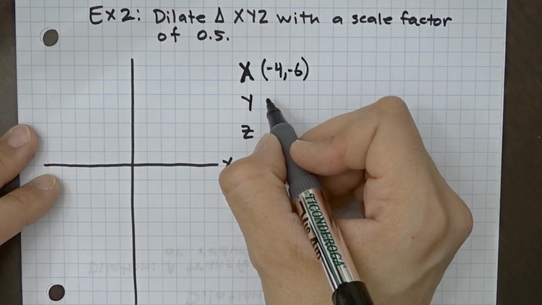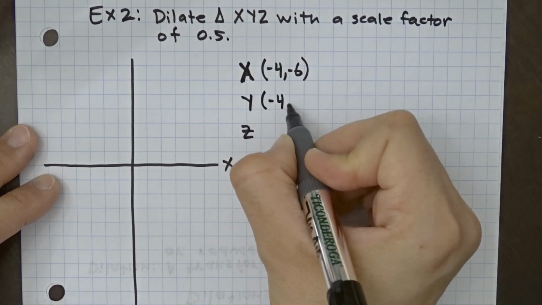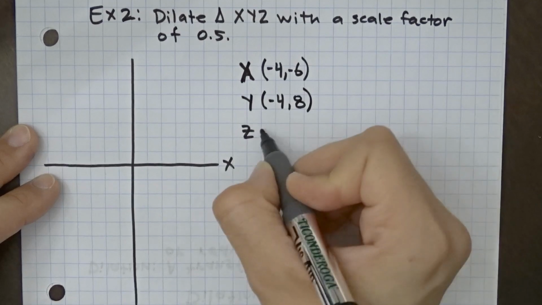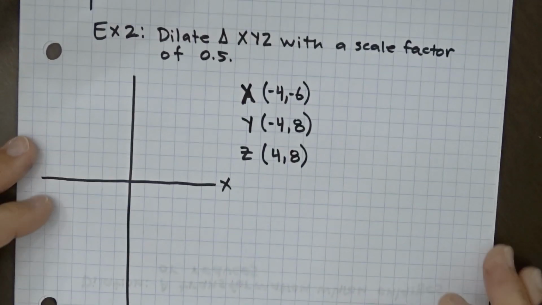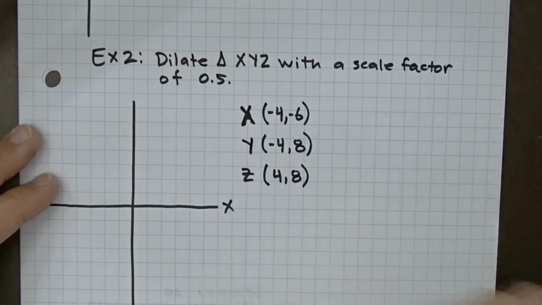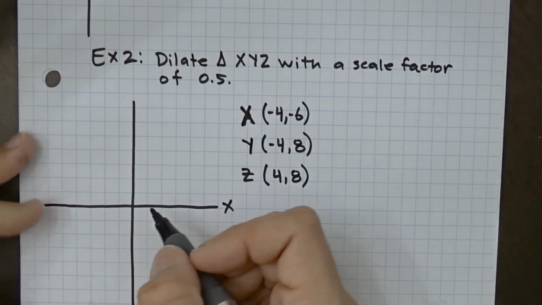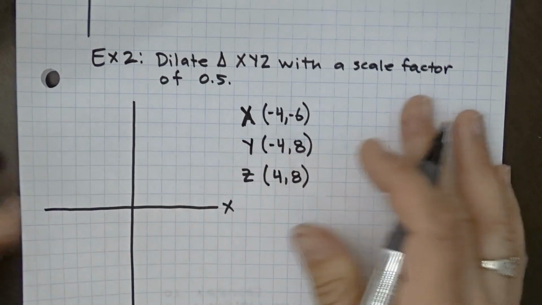Y will be negative 4, 8, and Z will be 4, 8. All right, so this is our original points. So let's put them down, see what it looks like on the graph.